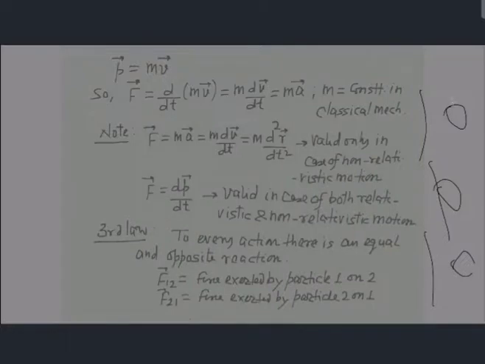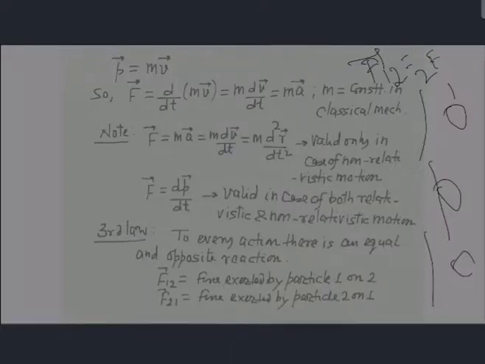Let the ball be object number 1 and let the wall be object number 2. So the force exerted by the ball on this wall will be equal to F12, and whatever force the wall applies on this ball will be F21 vector.